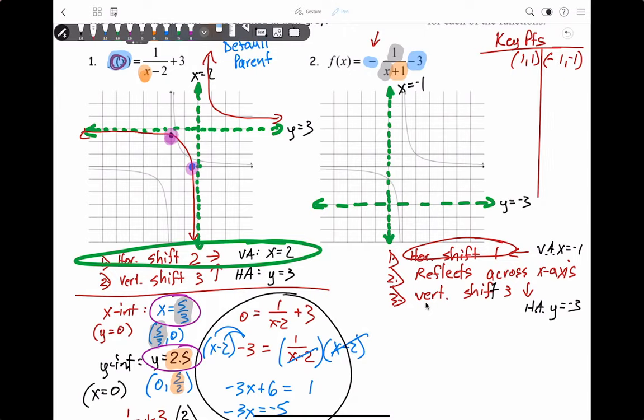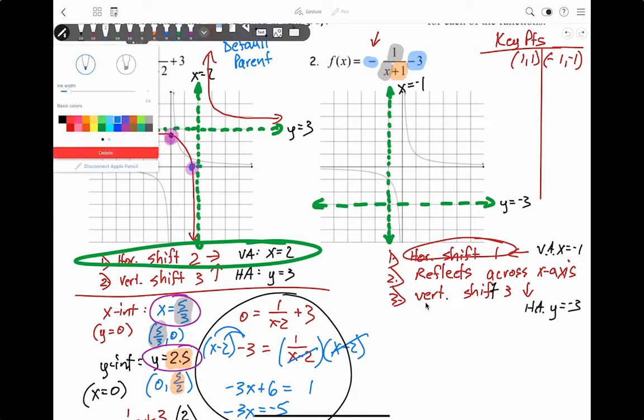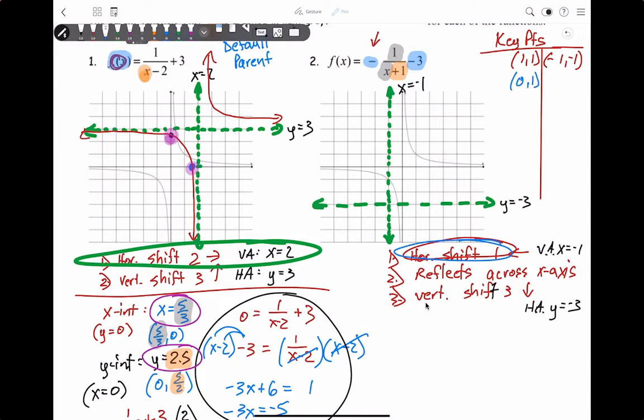So the horizontal shift 1 to the left, if we did this by hand, which is definitely a goal that we want to do, is going to show that this will be 0, 1, because I subtracted 1 from the x since it was shifted to the left.